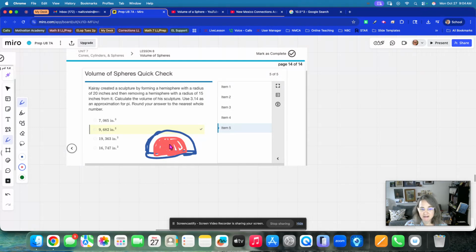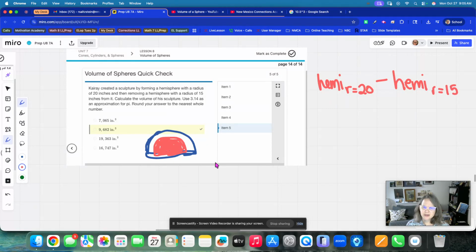You've cut it in half, and then you've scooped out the middle of it. That's what's going on here. So what we really need to do is take the hemisphere that has the radius of 20, and subtract the hemisphere that has the radius of 15.